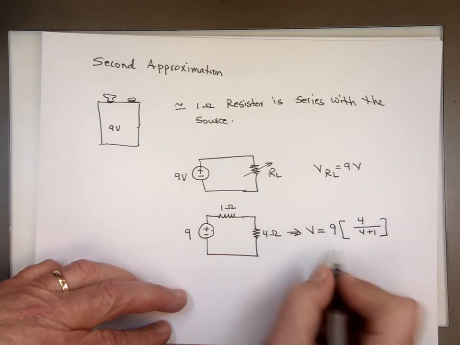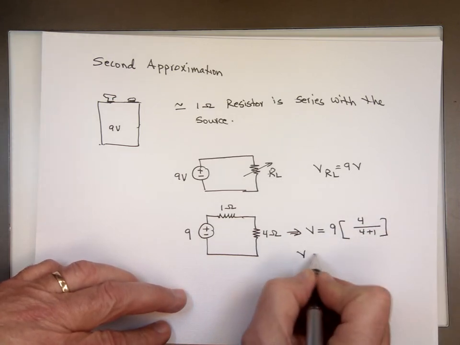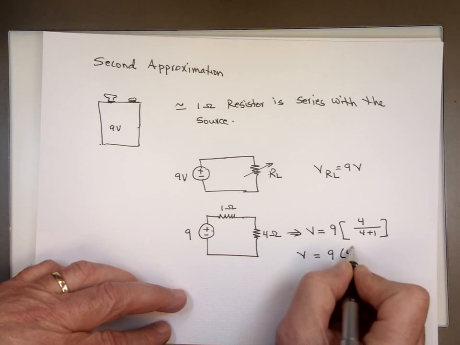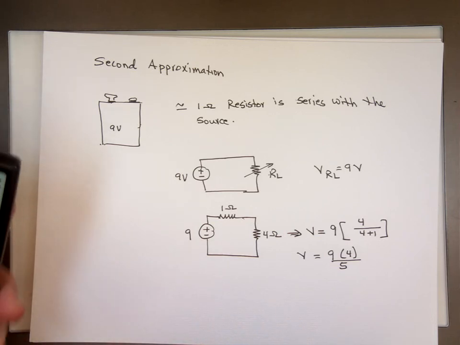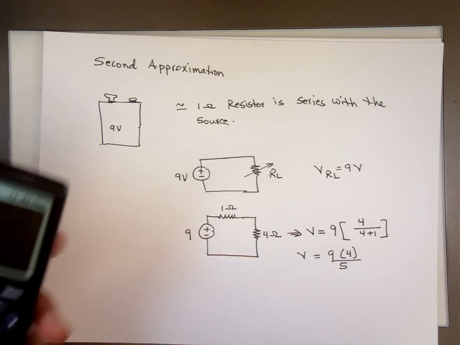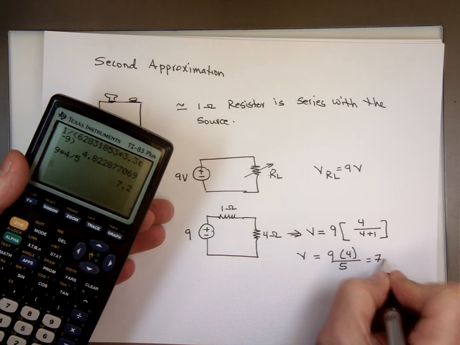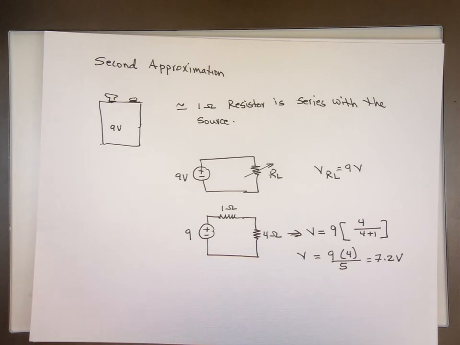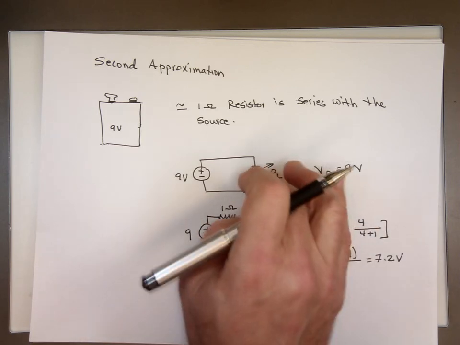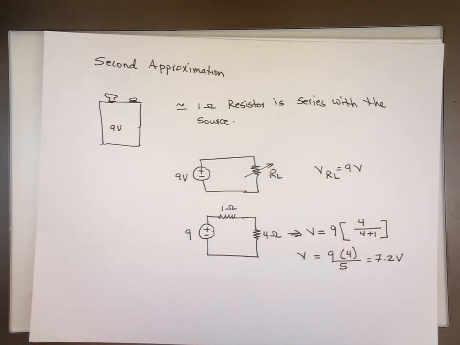So the voltage is 9 times 4 divided by 5. Notice we are not getting 9 volts here. We are getting 7.2 volts. So we didn't actually get the 9 volts we're supposed to get. The assumption says there's nothing here, so I should get 9 volts regardless of what I put here. The reality is not the same. The lower this number, the less voltage you're going to have here.